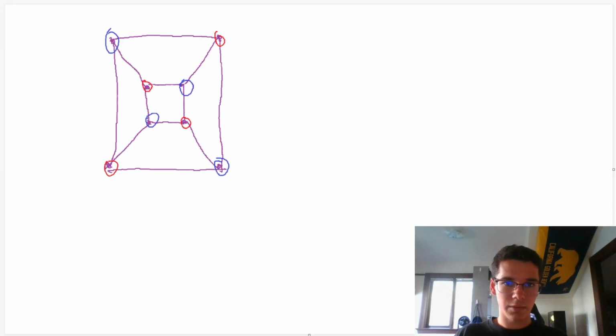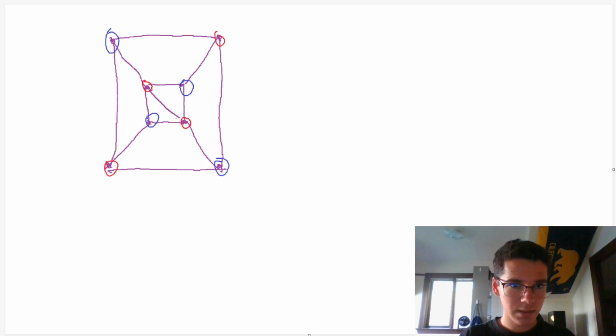Okay, so the way I'm going to prove it is by taking this planar graph and making it very obvious. I guess this technically looks non-planar, but it says that if there is an odd cycle, then it is not two-colorable. Let me just make that line a bit better.